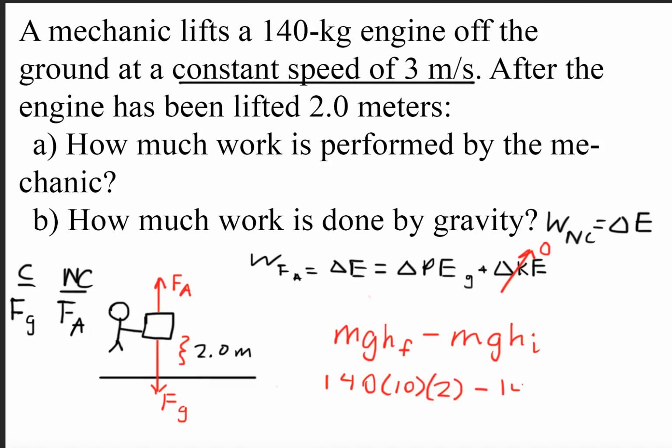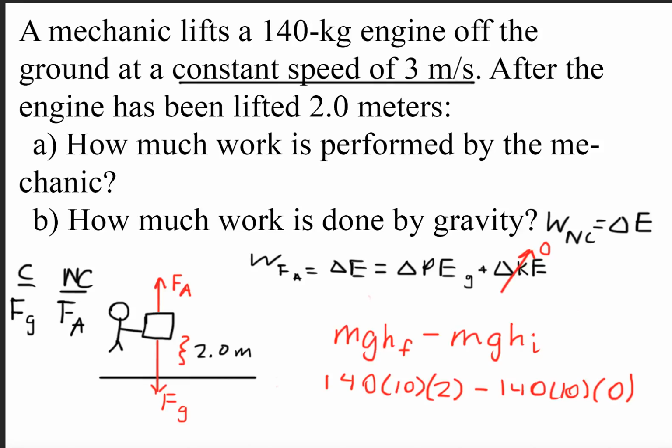Minus 140 for the mass, 10 for gravity, but the initial height was 0. Though it wasn't given, the engine was lifted off of the ground, and if we define the ground as our 0 height, we can say the initial height was 0.